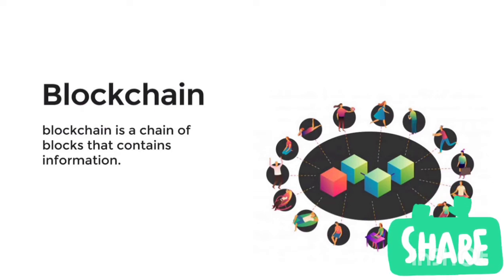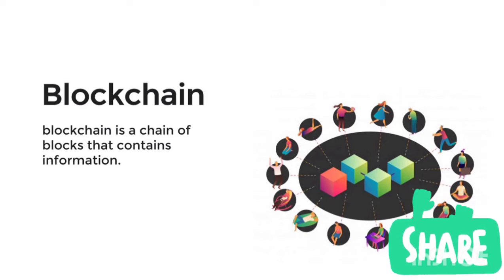This technique was originally described in 1991 by a group of researchers and was originally intended to timestamp digital documents so that it is not possible to backdate them or to tamper with them, almost like a notary. However, it went mostly unused until it was adapted by Satoshi Nakamoto in 2009 to create the digital currency called Bitcoin.